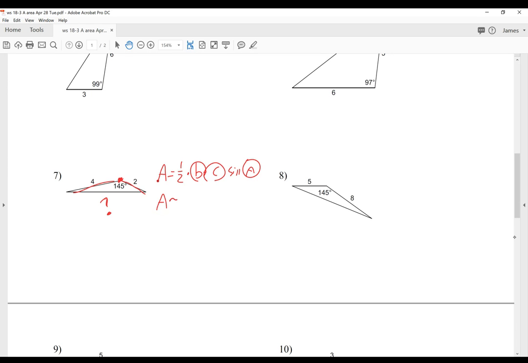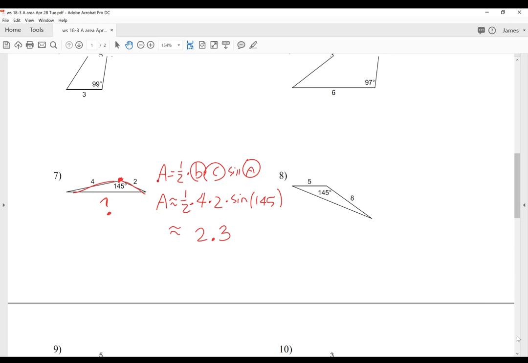So we don't need the bottom side. It's just going to be 4 times 2, which is two sides of a triangle, times the sine of the angle between the 4 and the 2, which happens to be 145. So type it all into the calculator, and you should get about 2.29. So 2.3, rounded to the tenth place.